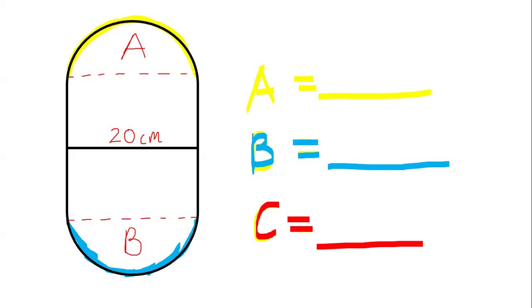Someone says A is 20, B is 10, C is 31.4. Interesting. Cameron put his answer for A, B, C. Okay.